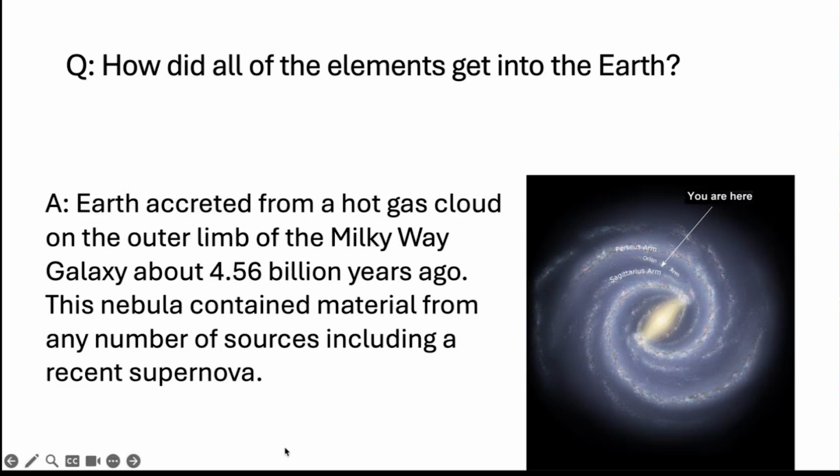And we know that the solar system accreted from the material of a previous supernova very quickly after that supernova, because we've got material that could only be produced that way in the early solar system materials of meteorites.